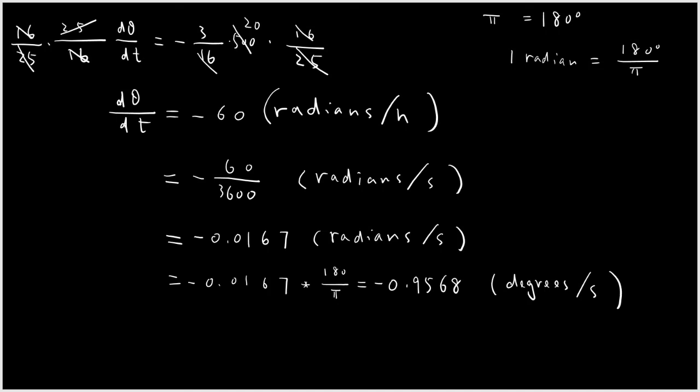I hope this value is easier to imagine. This means when x value is 4 miles, the angle of elevation is decreasing at slightly less than 1 degree per second. I think this number is making more sense.